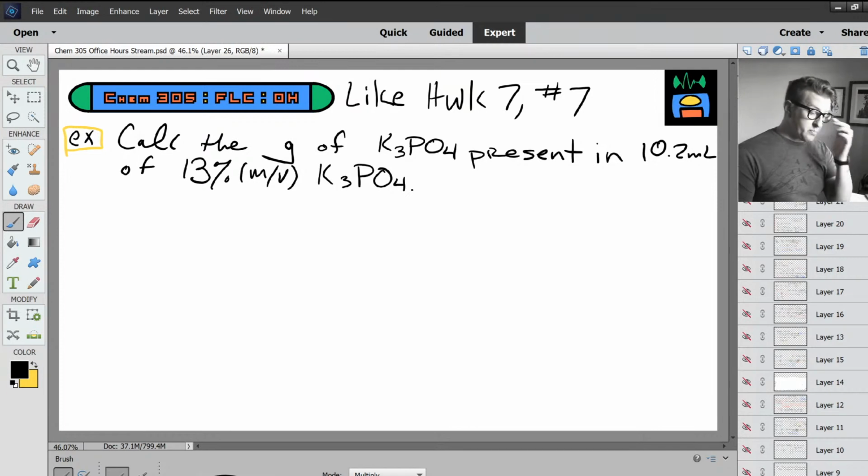All right, so we have a solution that's 13% mass to volume. This all hinges on what this means.